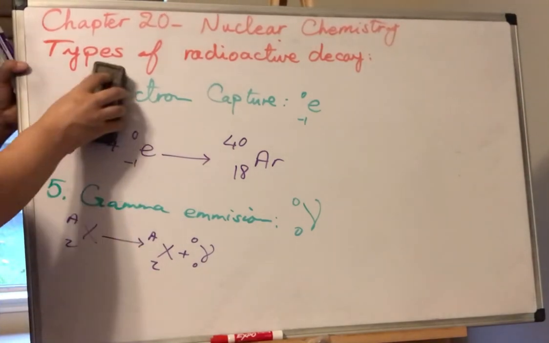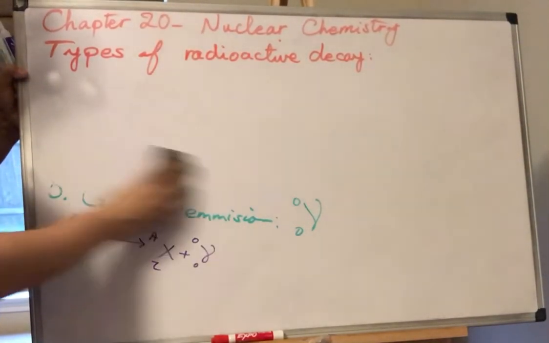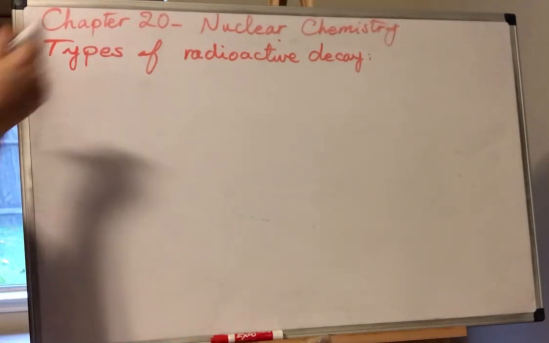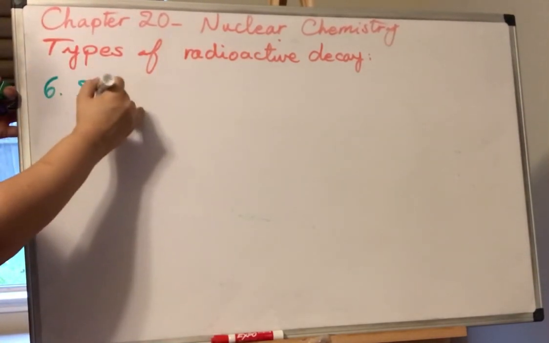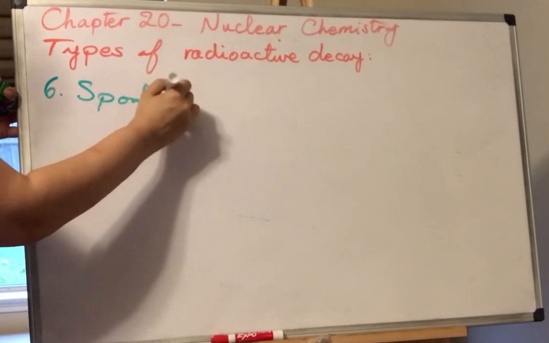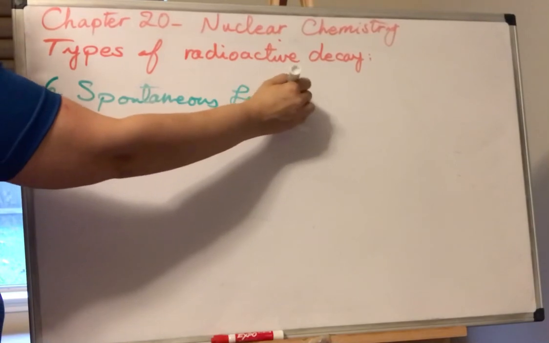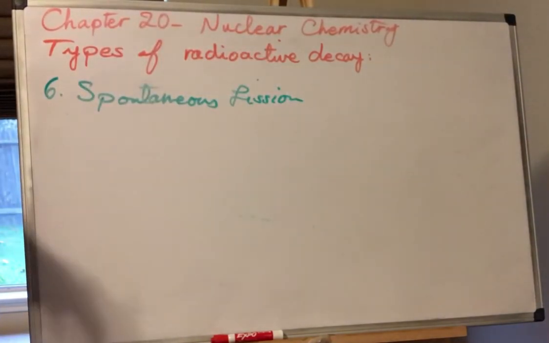And finally, the last type of radioactive decay is spontaneous fission. This is when an unstable heavy nucleus with a mass number greater than 89 splits into lighter nuclei.